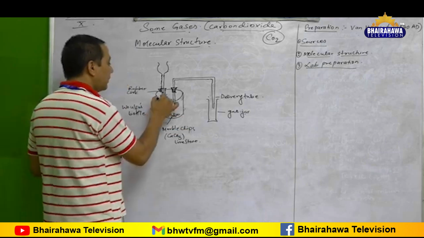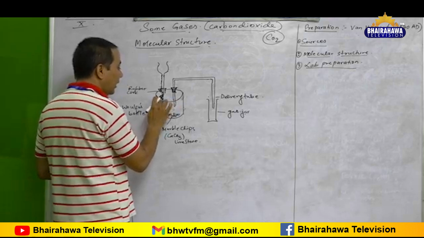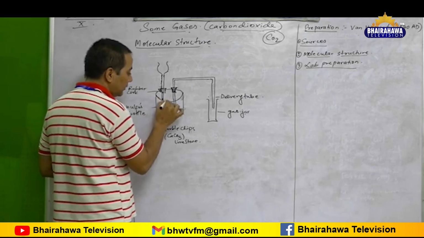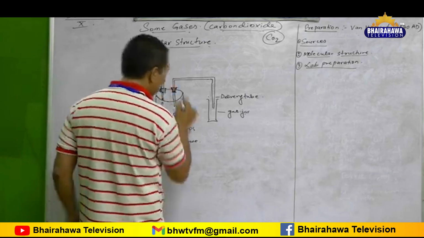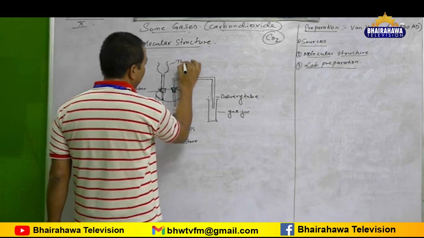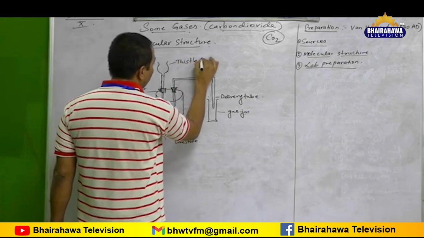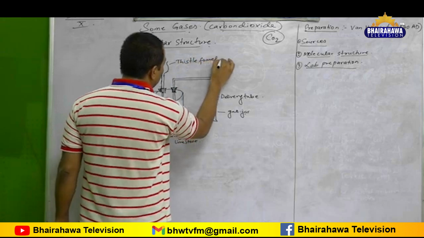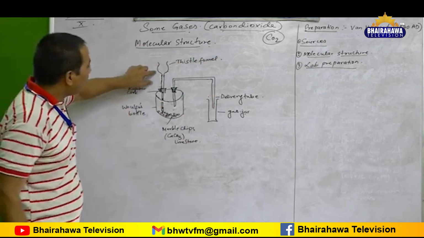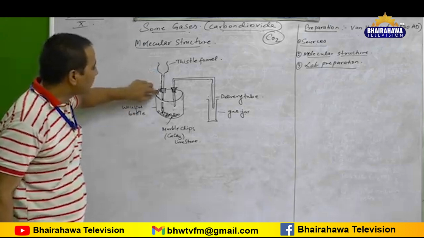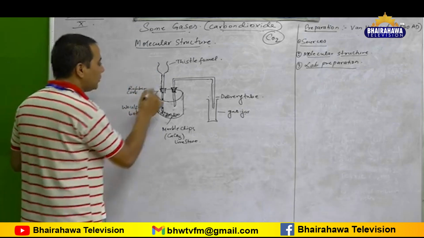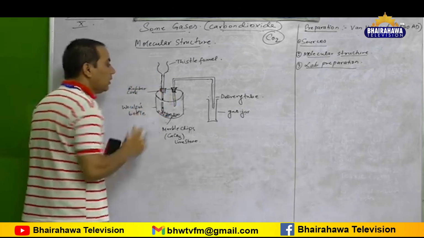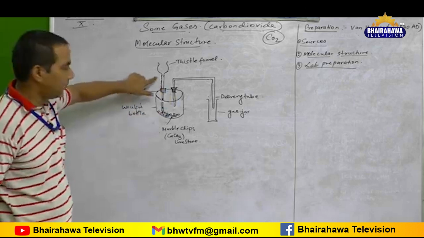Then after that, we take a thistle funnel, and we put it in one side of the wolf bottle. The wolf bottle has two mouths. So, we put it in one here.